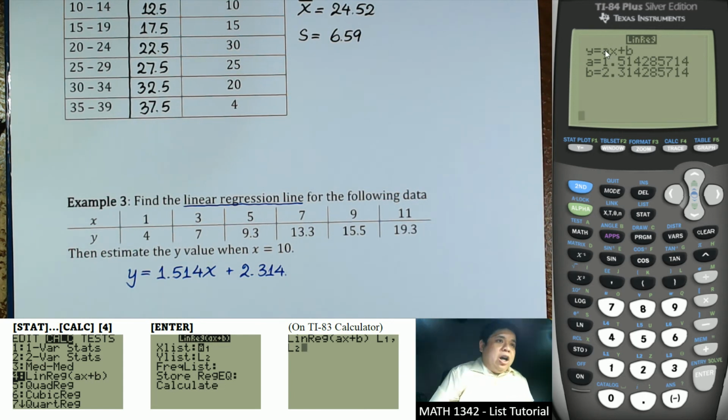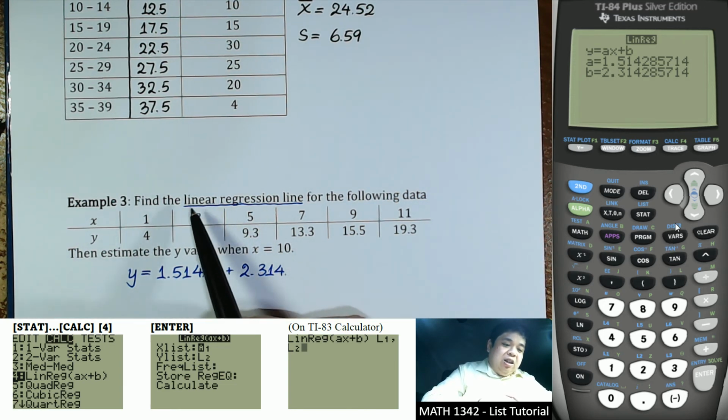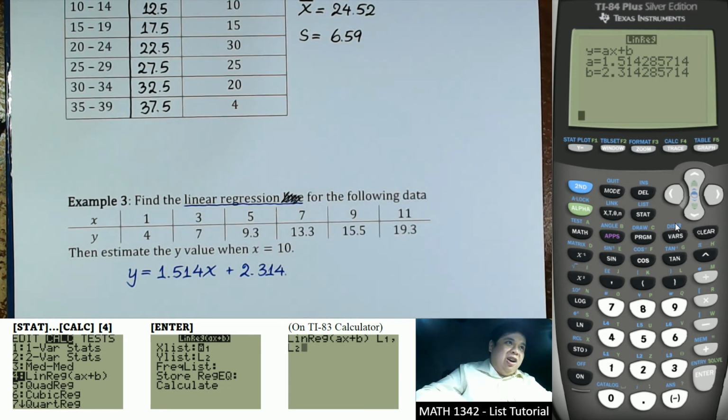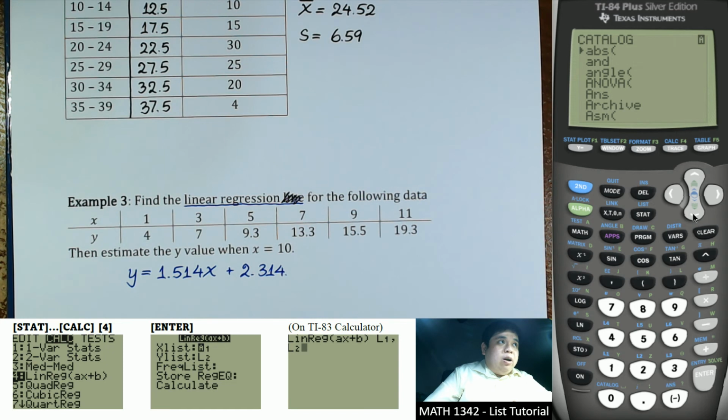By the way, if we want more information about this equation, about the best fit line and the linear regression, we need to turn on the diagnostic. By the way, saying line is redundant because linear regression is a line already. We only need to do this one time on your calculator. If you see something else already, that means it's on already.